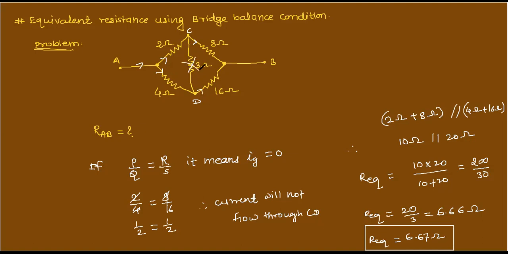Through this branch there is no current. Therefore this 2 ohm and 8 ohm are in series, 4 ohm and 16 ohm are also in series, and both branches are in parallel. Is that clear? Understood? Note down.